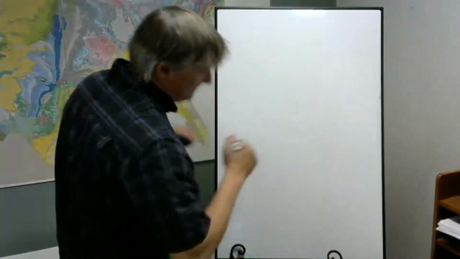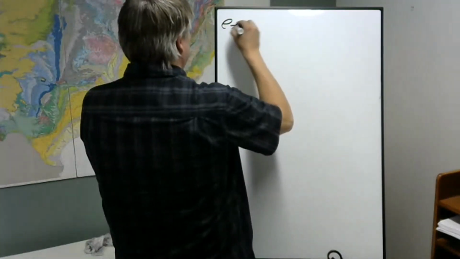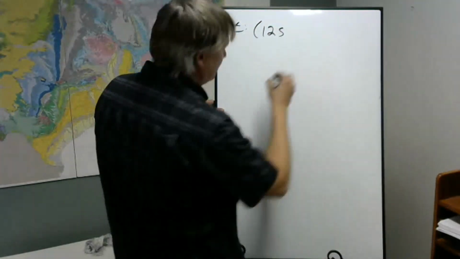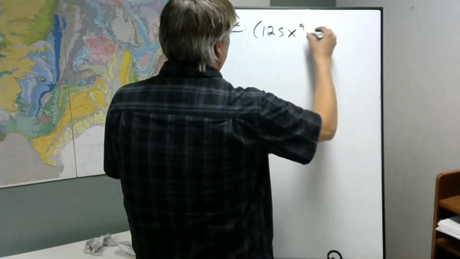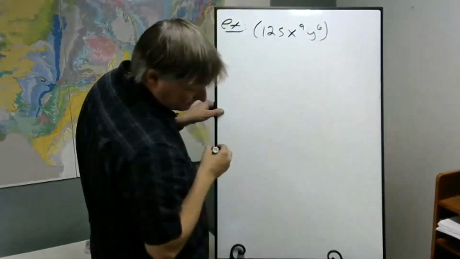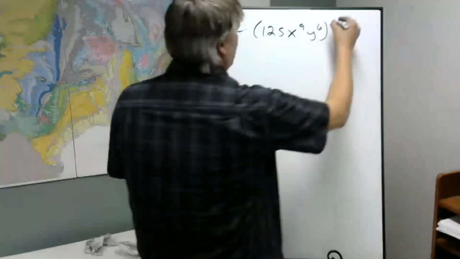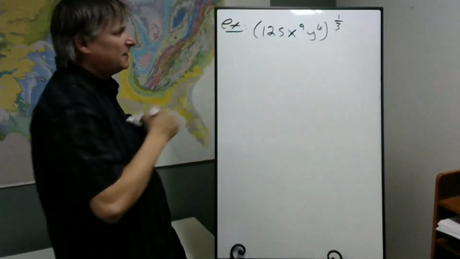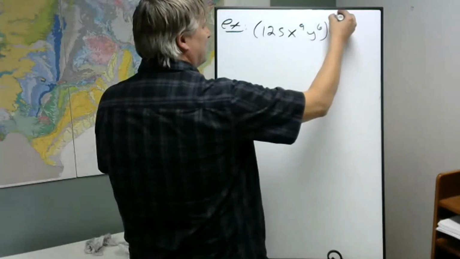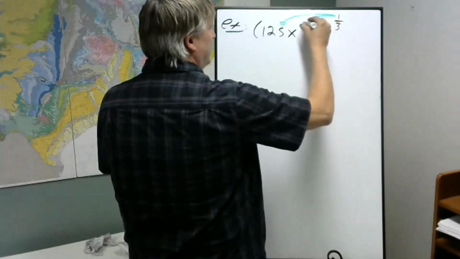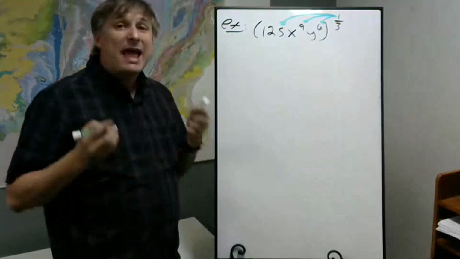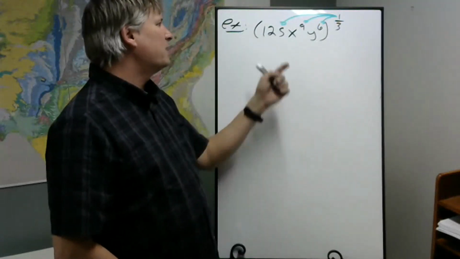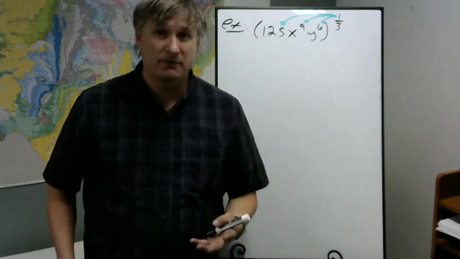So let's say we have this. Now let's distribute the 1/3. We're going to distribute it just like we would any exponent, and we distribute it as an exponent. Again, we don't distribute it to multiply to 125. It's going to become an exponent of 125.